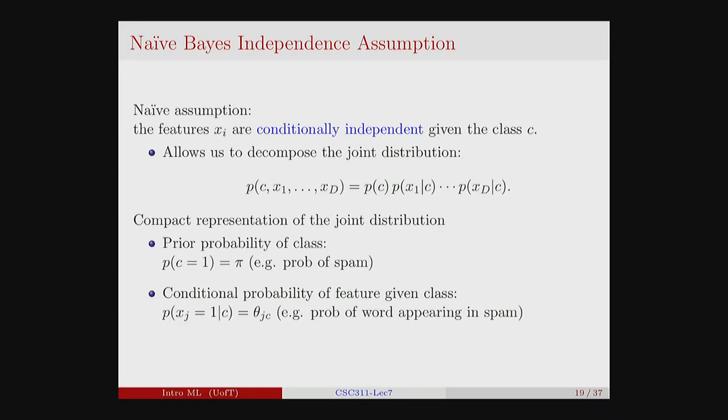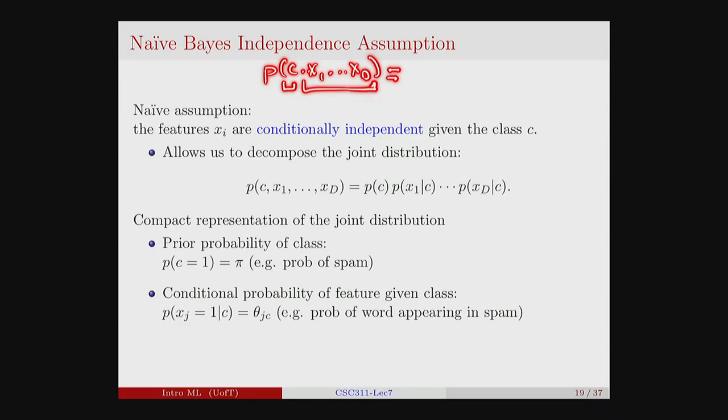Why is this true? Well, the easiest way to prove this identity is to first use the chain rule over two sets of variables, this and this.